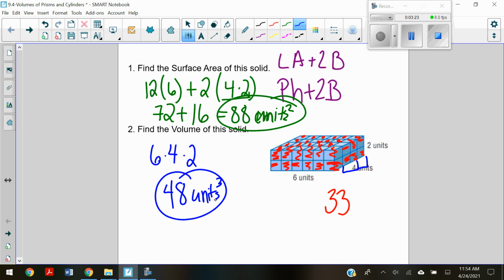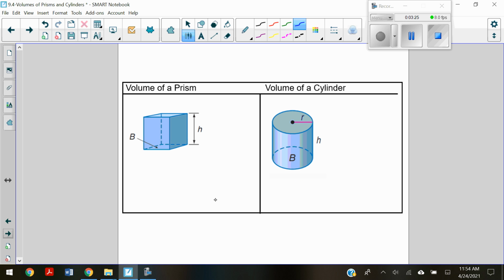All right, so let's move on to volume of a prism and volume of a cylinder. So volume of a prism is going to be the base area times the height. So we find the area of one of the bases and we times it by the height because that's how many there are.